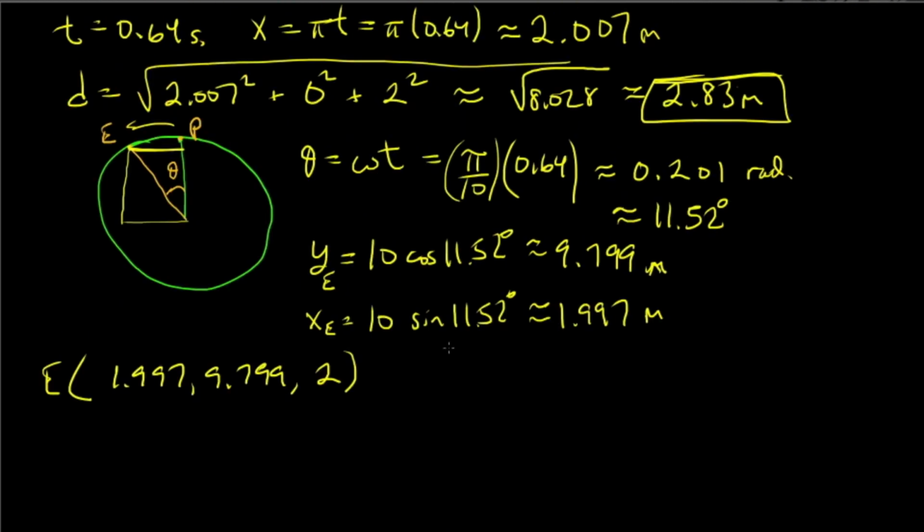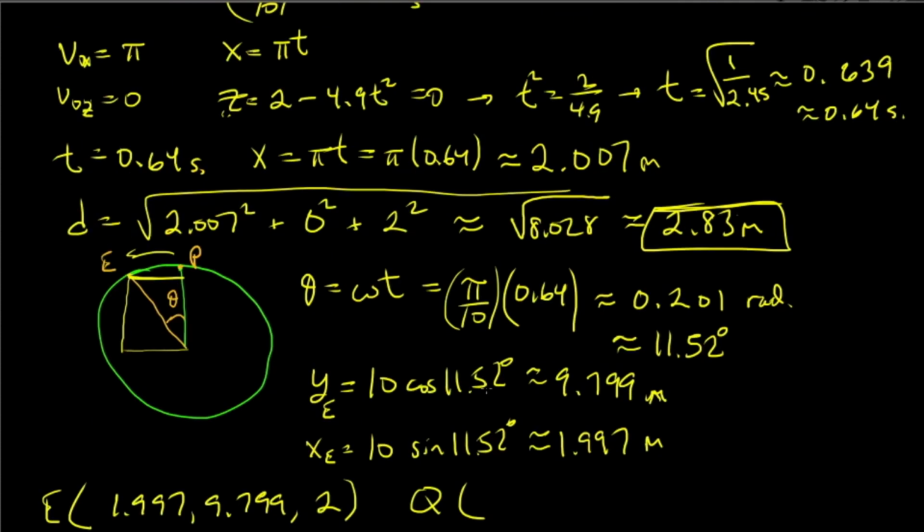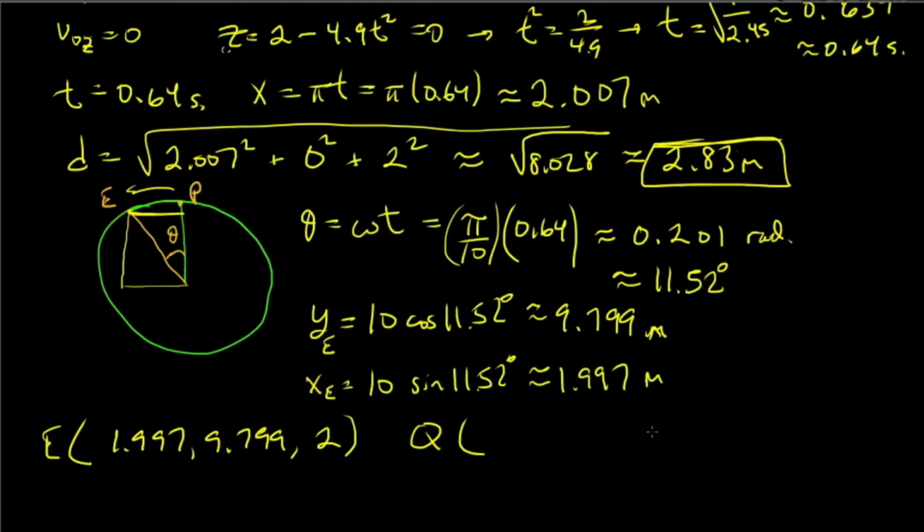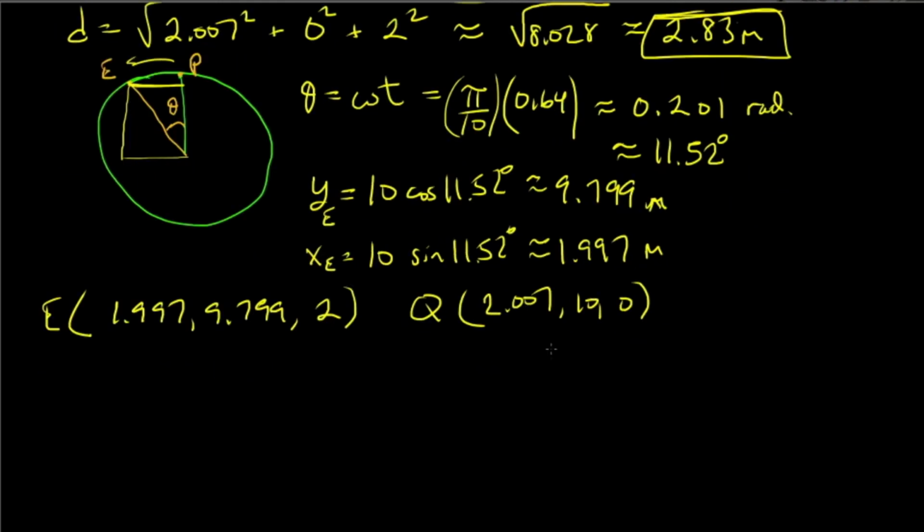And remember, point Q has coordinates 0.007, 10. So you're doing the same distance formula.